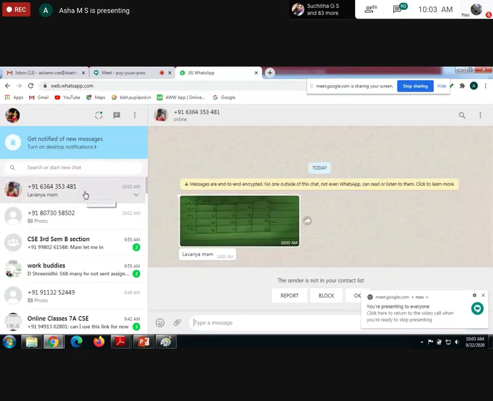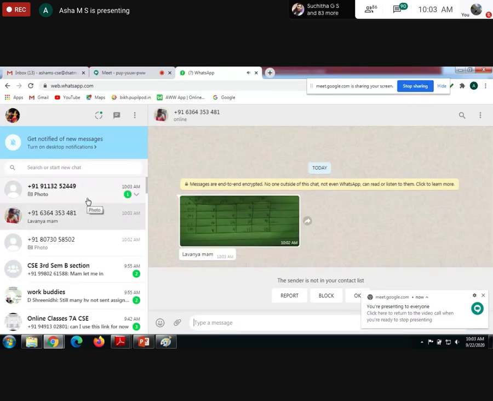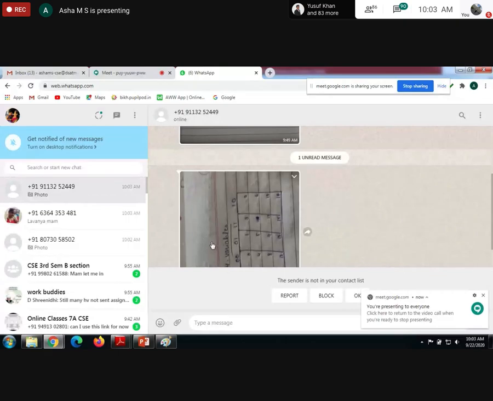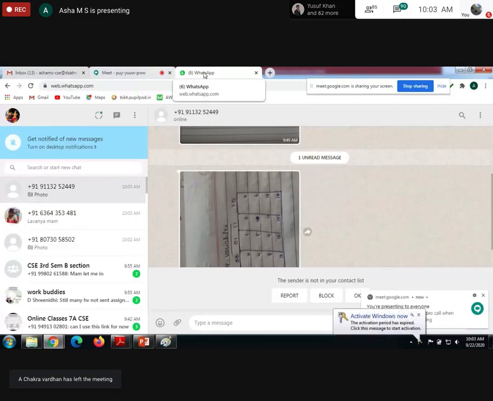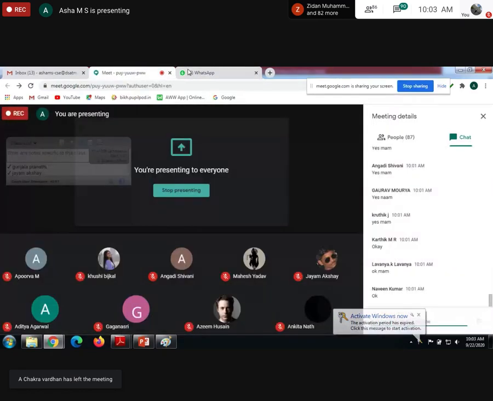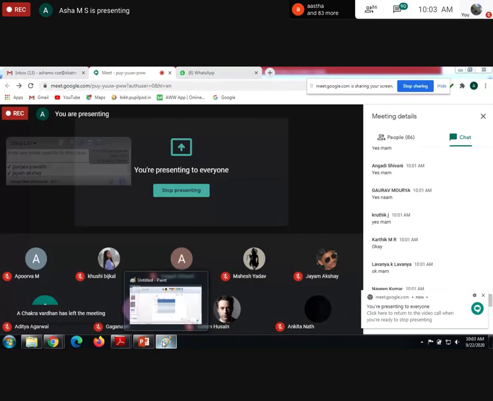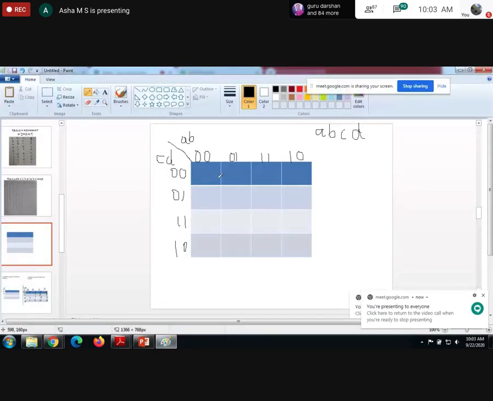Lavanya, it's correct. But it's better to write in the vertical way. Even 449, what you people have written is correct only. I'm not saying what you have written is not correct. Actually, it's correct. But in the textbook, they have gone in the vertical way.